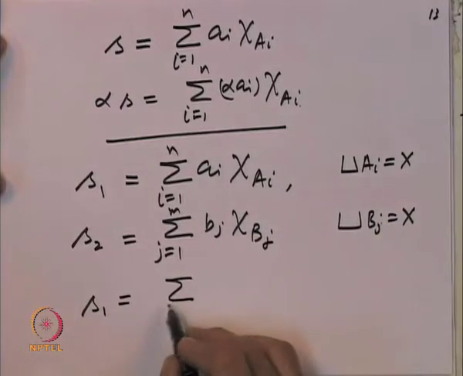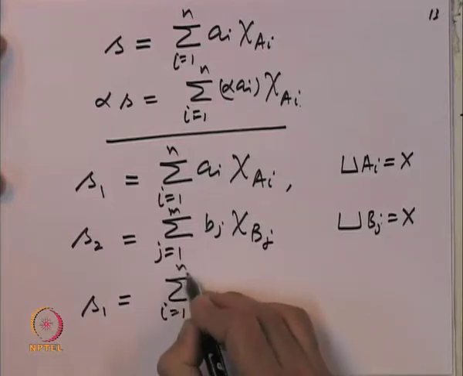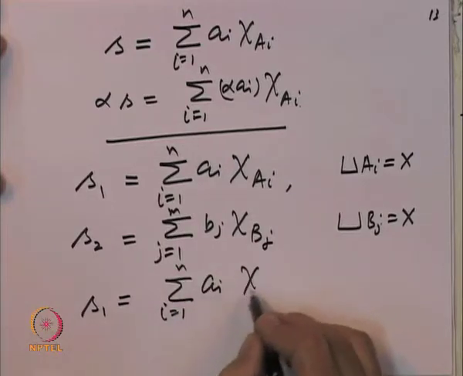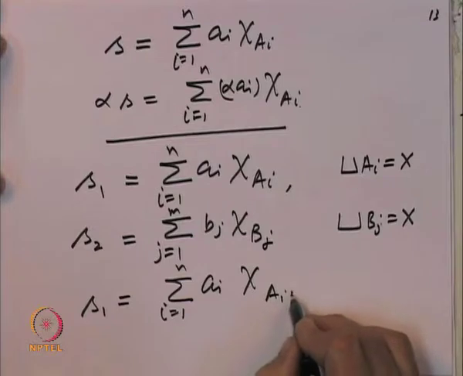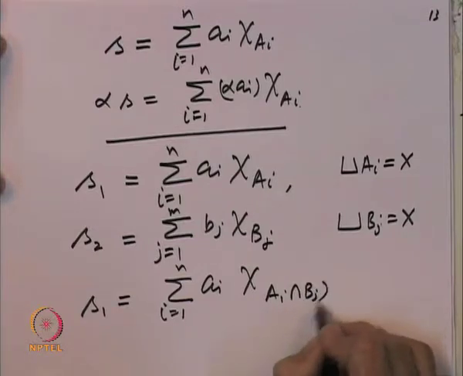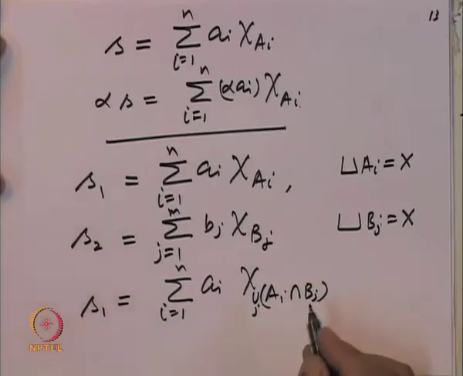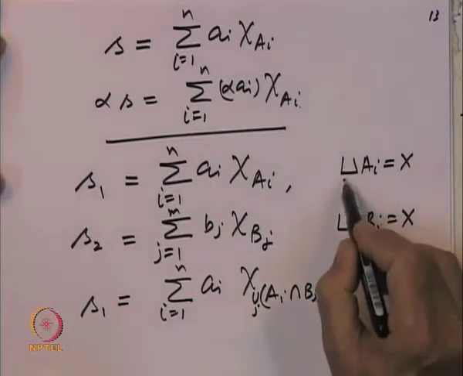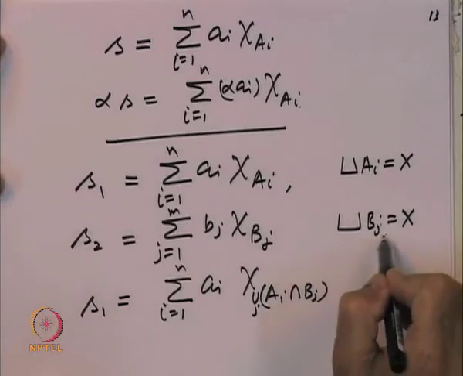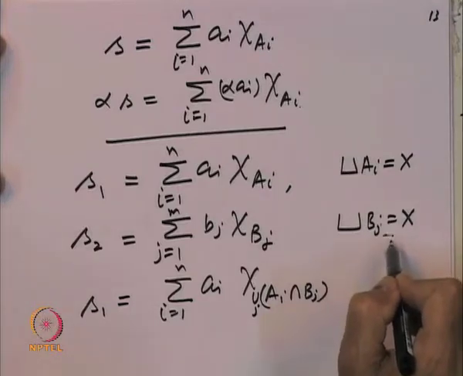So, we can write the sum over i equal to 1 to n of a_i chi of A_i intersection the union over j of B_j. So, each A_i can be intersected with the union of B_j's.